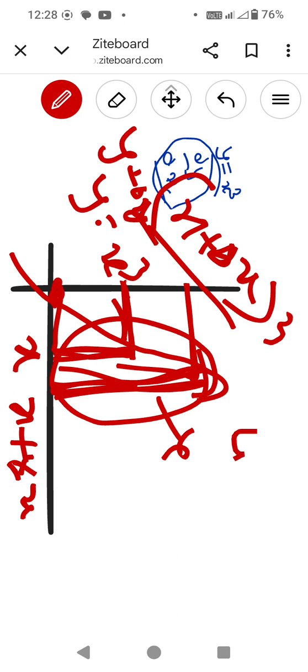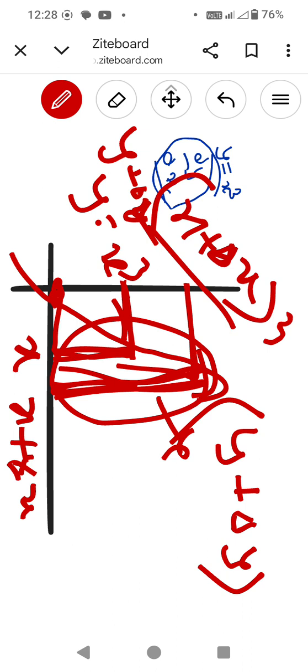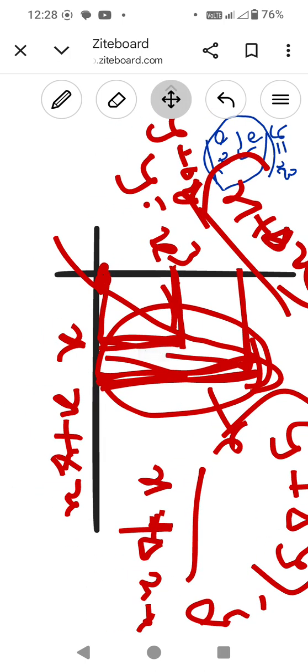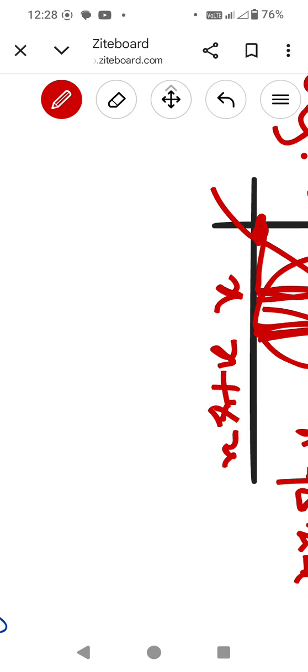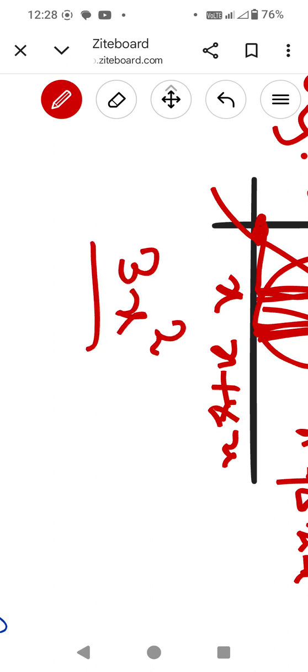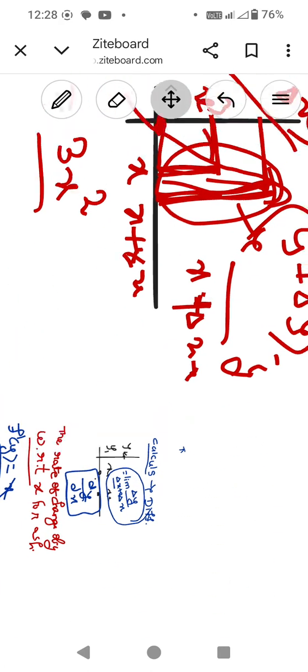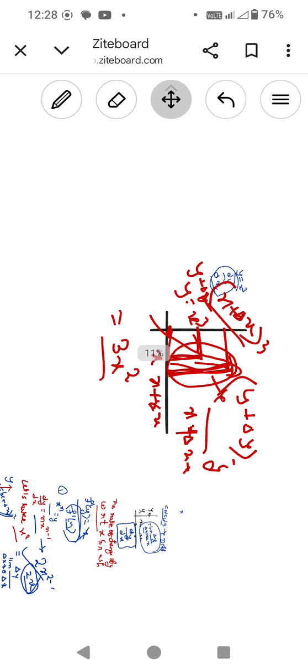Then when I determine y plus del y minus y upon x plus del x minus x, you will be getting the answer 3x square. Okay, you will get it. Determine the formula.